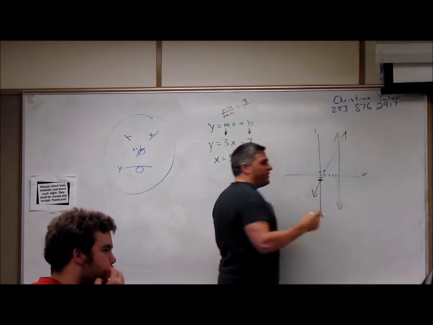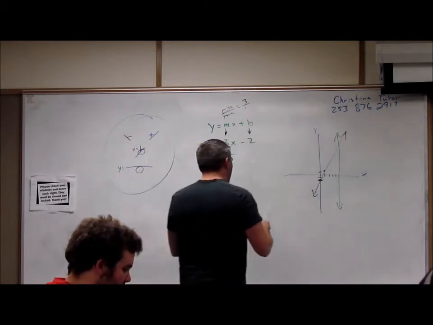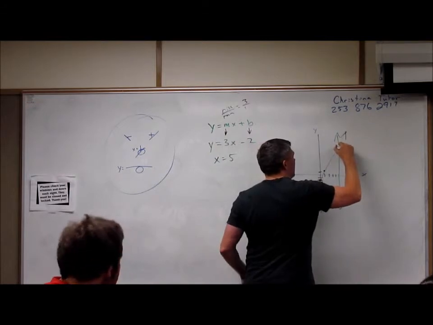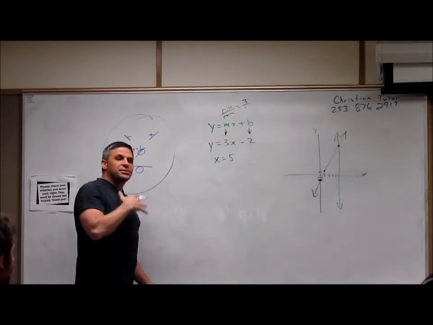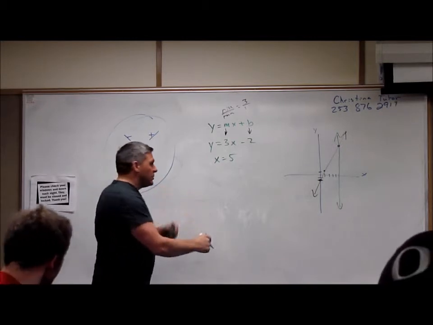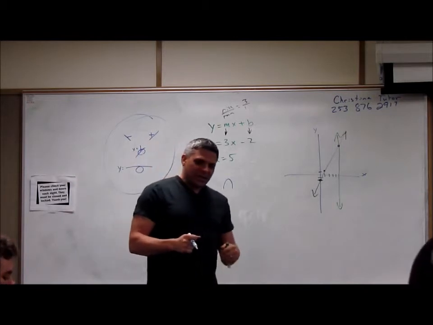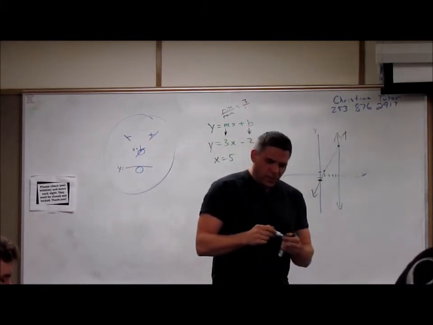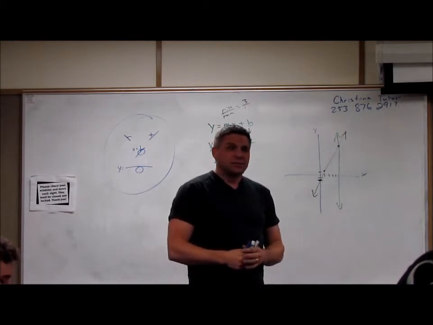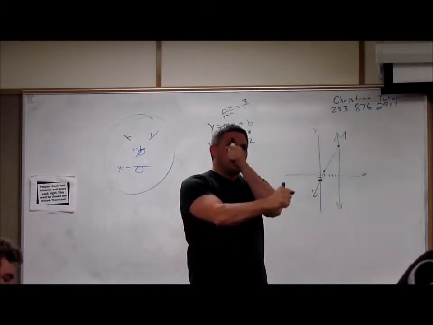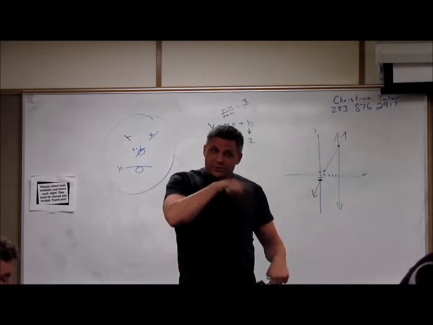So great, I've graphed the two lines. So what is this? Well, this is what we call the point of intersection. It's where these two lines meet or cross. So the point of intersection's pretty important. How many places can two lines cross? One. Right. Well, it's actually wrong, but it's also half right.